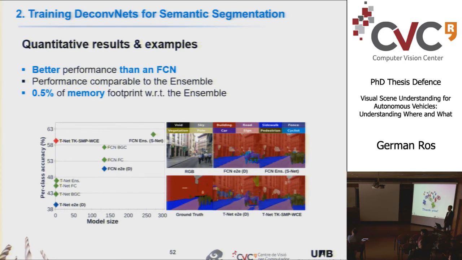It's about 5,000 images fully supervised, labeled pixel by pixel, and then 20,000 images that have been labeled roughly, of an area of Europe that is quite similar, so Germany, Switzerland, and so on. We don't have data of India, for example.